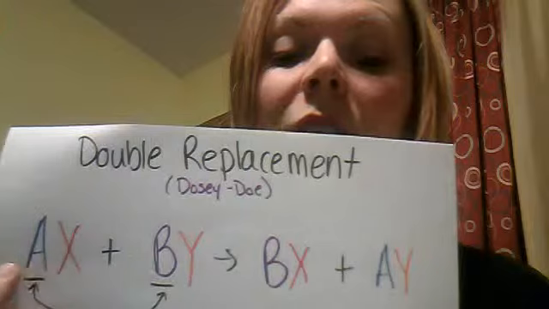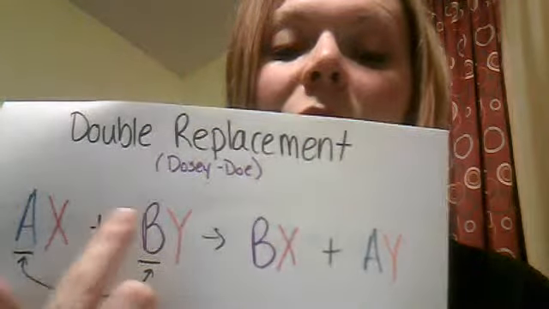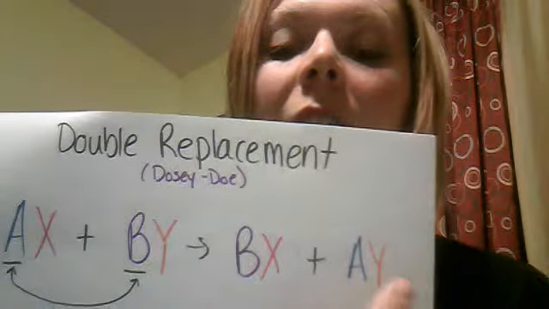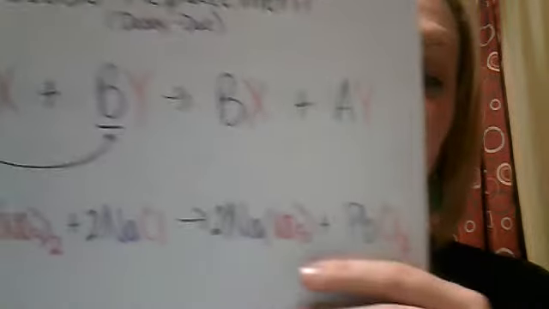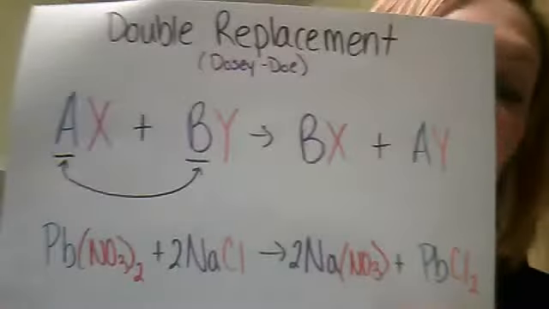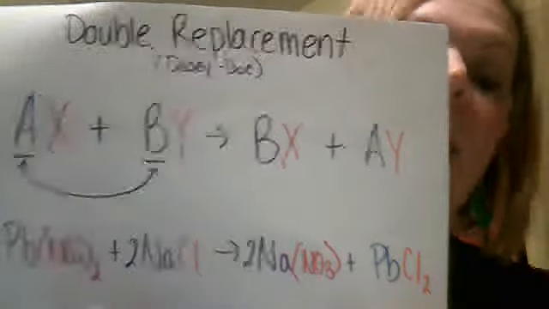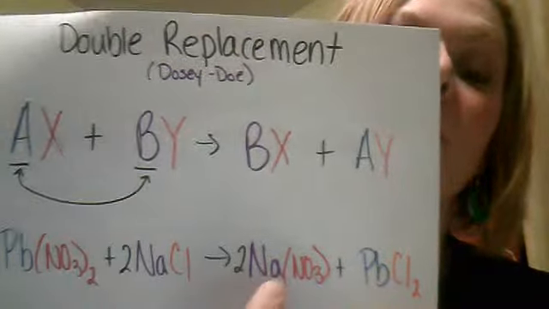So you'll notice here, A and B will switch spots. So then A is going to go with Y over here, and B is going to go with X. So to take a look at an example of this, we see lead 2 nitrate and sodium chloride, that the lead and the sodium switch spots, and you end up with sodium nitrate and lead 2 chloride.